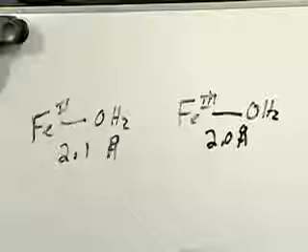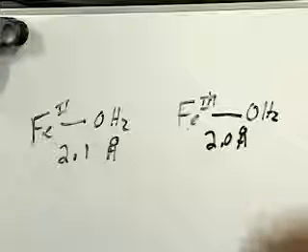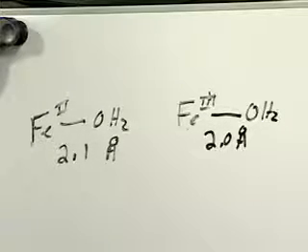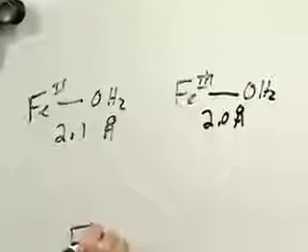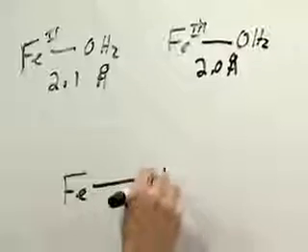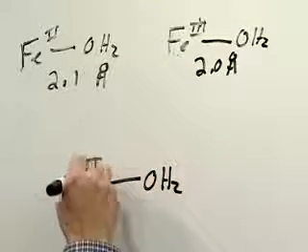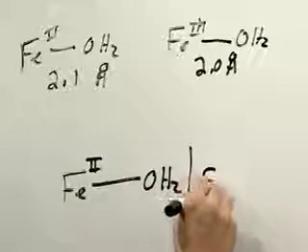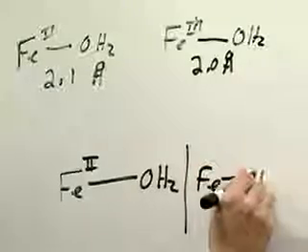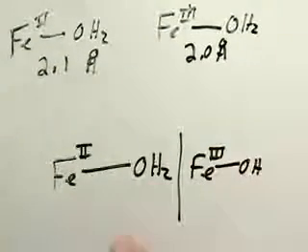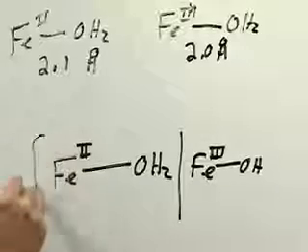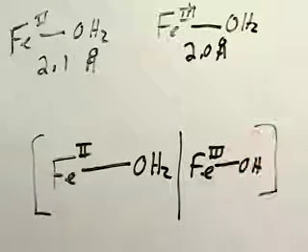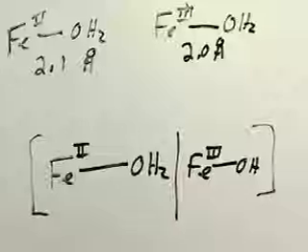So let's ask, so what we have now is, let me draw this. This is our precursor complex. We have this like this. And what I want to do is consider this as a supermolecule, okay?